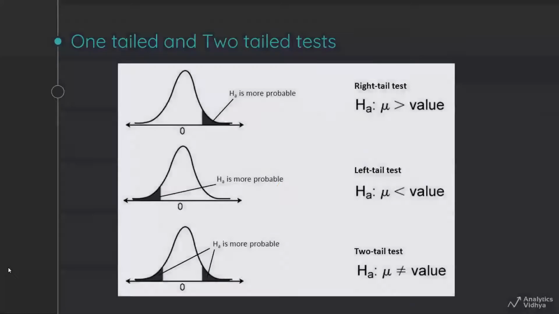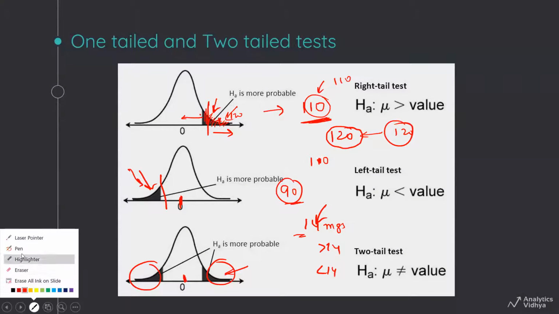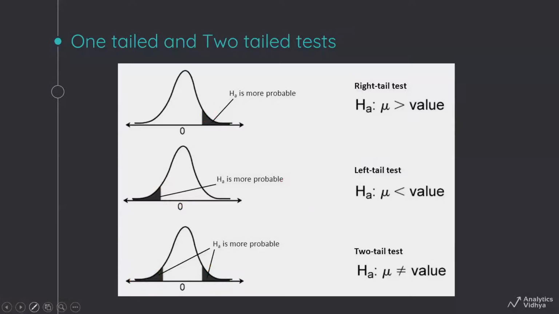Your data is not always normal in reality, right? Let me erase everything. Suppose you find a data distribution like this or like this, wherein your lower values have higher probability and your larger values have less probability. Now this is a population or this is a sample set.